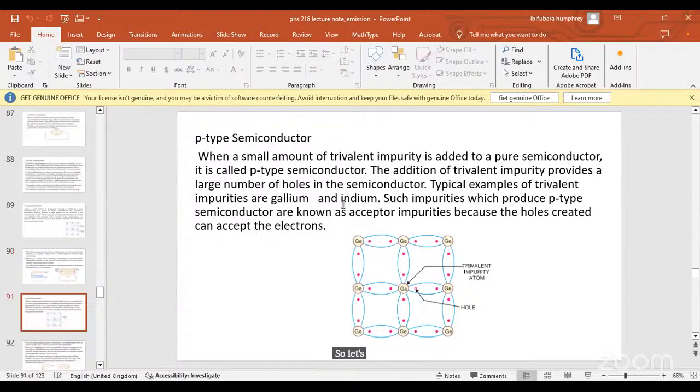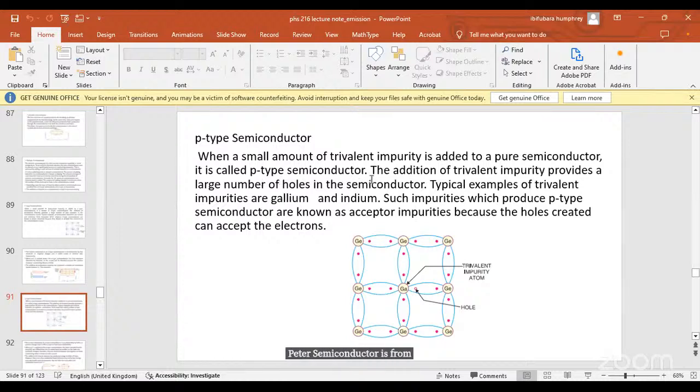I've explained this also for P-type: when trivalent impurities or atoms are added to a pure semiconductor, a P-type semiconductor is formed.